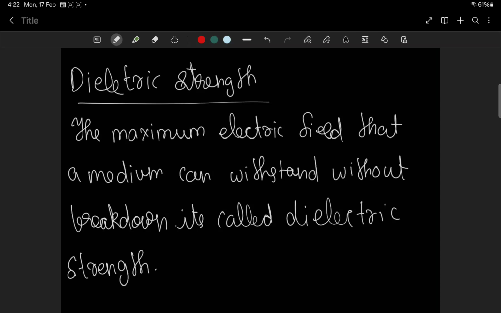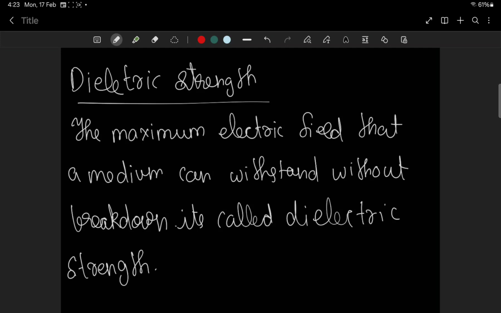It is the amount of electric field that a medium can withstand without breaking down of its insulating property. If the electric field goes above a specific value, the medium between the two parallel plates ionizes, and the electric field changes.